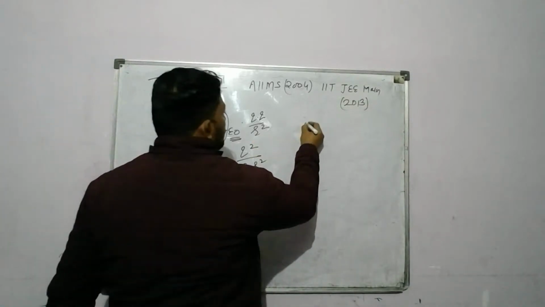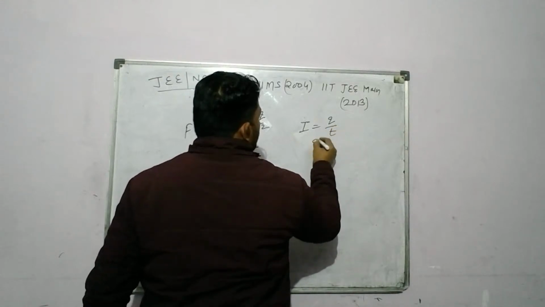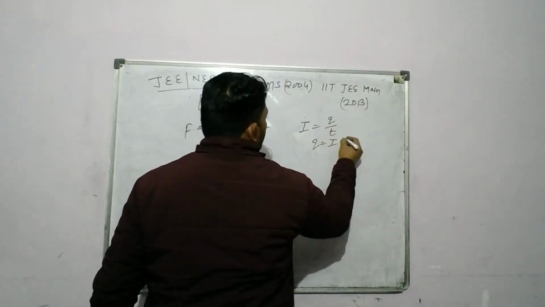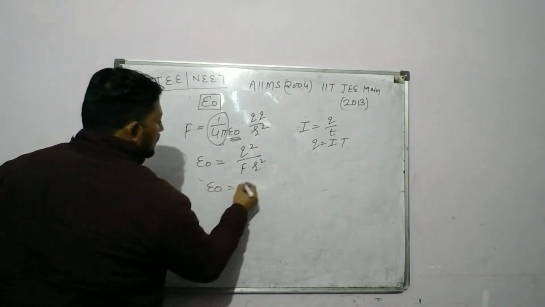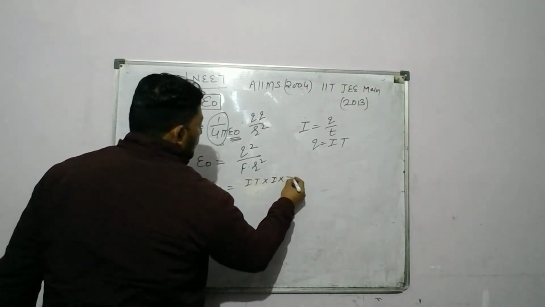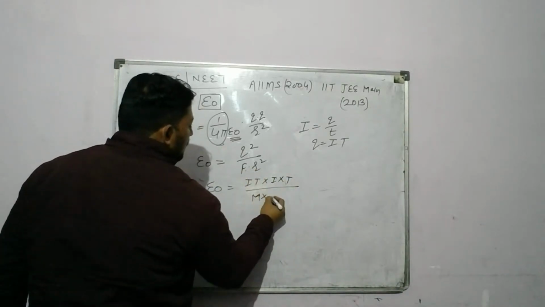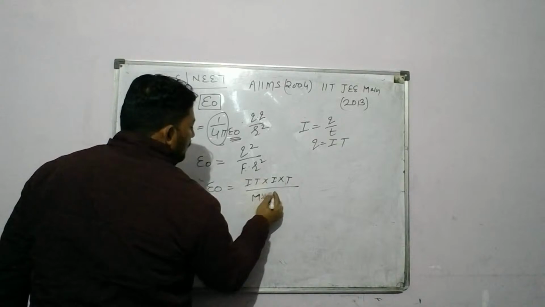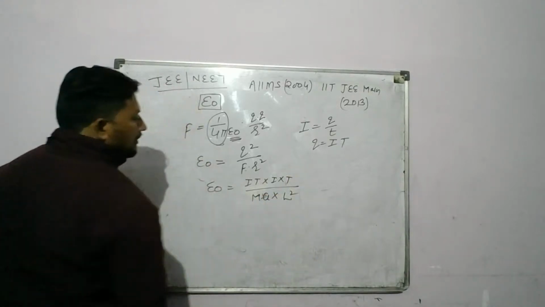Current I is equal to charge upon time, so charge is equal to current multiplied by time. So epsilon 0 is equal to I into T multiplied by I into T upon F. By Newton's second law, F is equal to m a, and r is equal to L square.